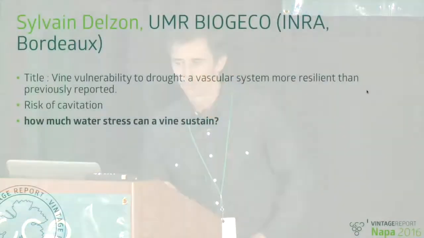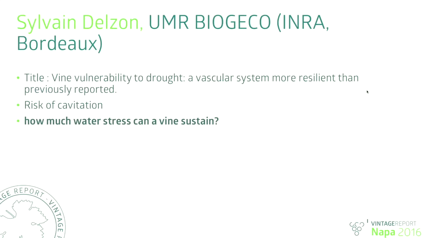So we invited Sylvain Delzon because he did some major work on understanding cavitation, which is really why drought is bad. When drought is really severe, it induces cavitation, the presence of air bubbles inside the vessels, making the vessels no longer functional. So the talk of Sylvain will focus on how much water stress a vine can sustain.